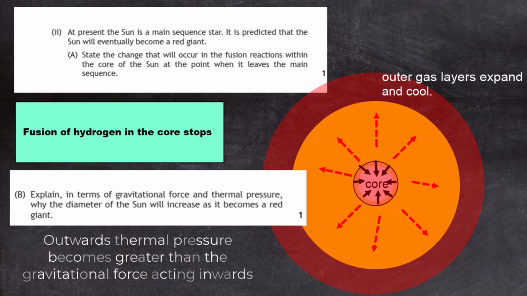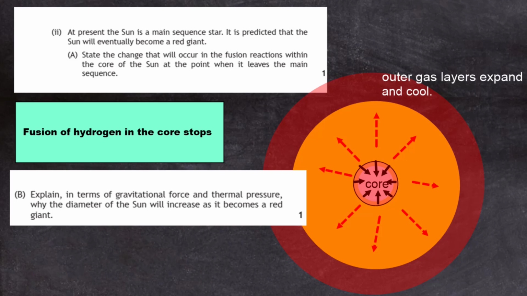As the gravity pulls down, as the core collapses, that gravitational potential energy is changed into heat energy, which is then transmitted through to the outer layers of the sun. This causes the outer layers of the gas to heat up and expand, and as it expands it becomes cooler, and we see the cool gas in terms of wavelengths as red, and the star, our sun, becomes a red giant.